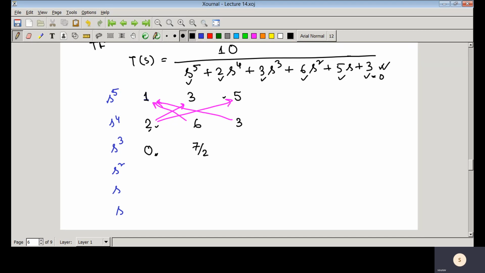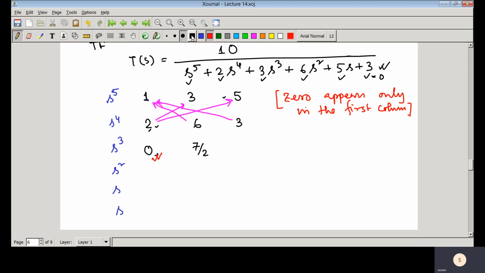This is another case we face in the Routh-Hurwitz criteria, that 0 appears only in the first column. The other case we have seen is that a full row may become 0, but in this case only the first element is equal to 0.